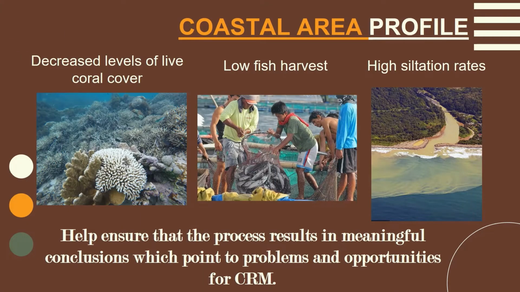One kind of information, for example, decreased levels of live coral cover, must be considered in relation to other kinds of information, for instance, low fish harvest and high siltation rates. This is to help ensure that the process results in meaningful conclusions which point to problems and opportunities for CRM.